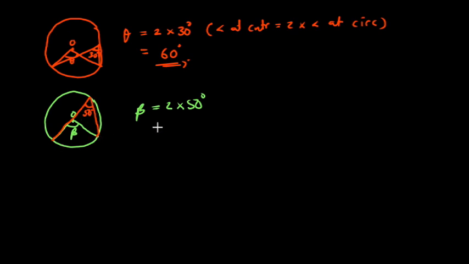But it's still the same thing. The reason for this is angle at center is equal to 2 times angle at circumference. And the answer is going to be equal to 100 degrees.